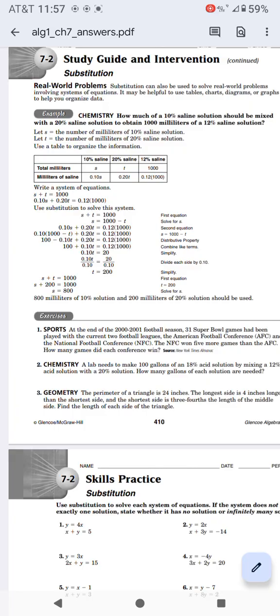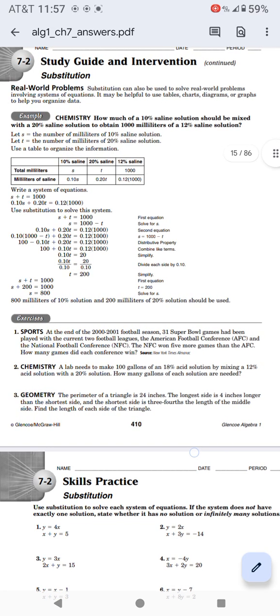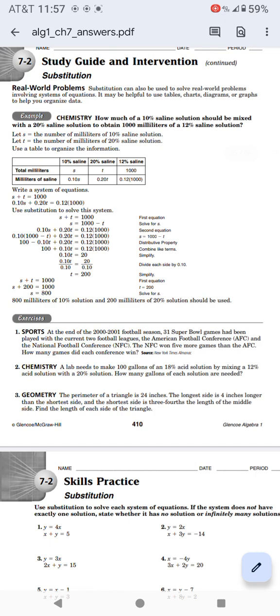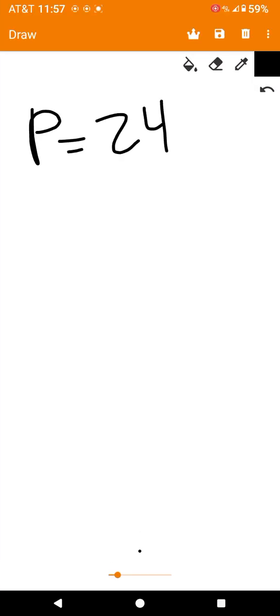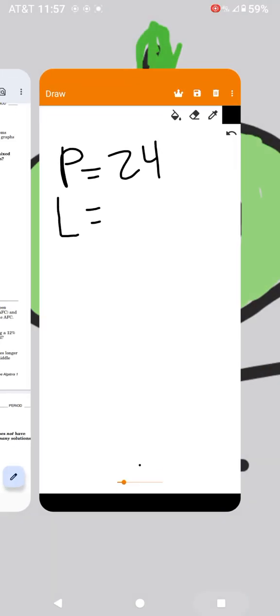And it says the longest side is 4 inches longer than the shortest side. So longest side can be represented by L, and we can say that shortest side can be represented by S.